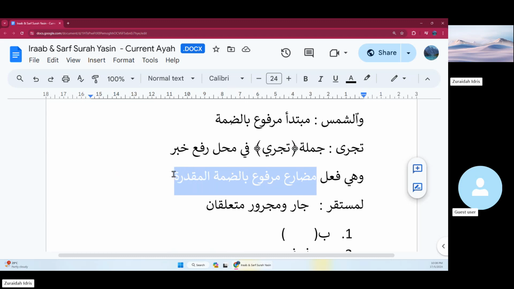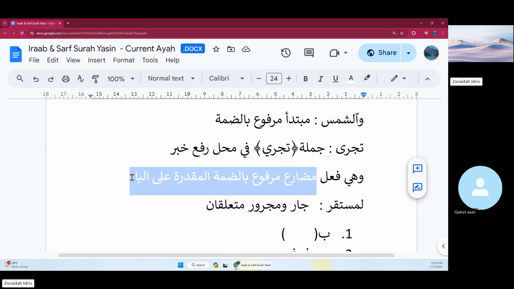What is preventing the dhamma from being seen? Tajri. This one. What letter is this? Yeah. So it's like that. Remember we had two reasons for this: one is either impossible or the other one is difficult.